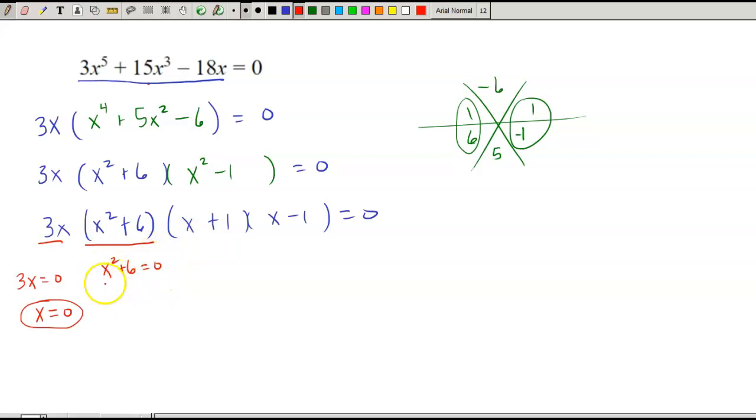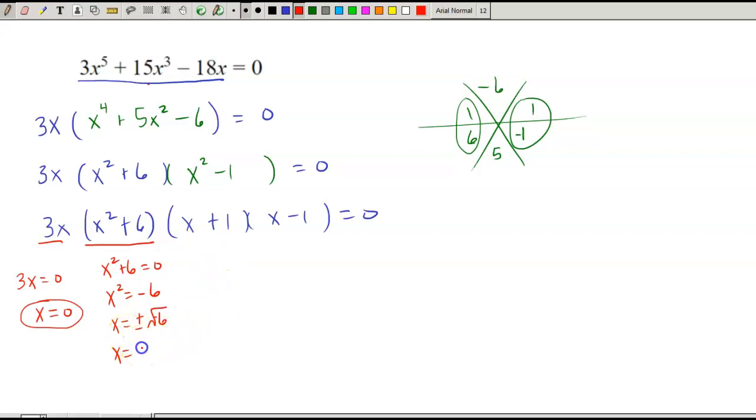So I'm going to subtract 6 from both sides and get negative 6. Then take a square root to get plus or minus the square root of negative 6. And since we know that this is an imaginary solution, right?